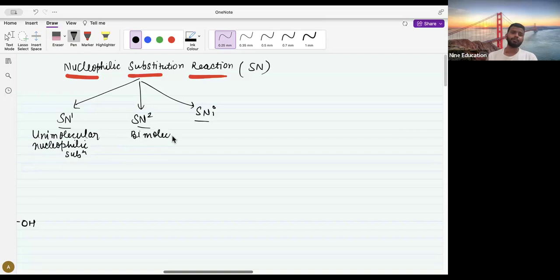You will understand what is unimolecular, bimolecular, nucleophilic substitution. And last is nucleophilic substitution with inversion. This i stands for inversion. This 2 stands for bimolecular. This 1 stands for unimolecular.